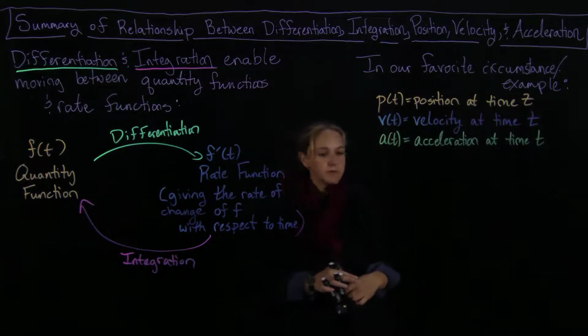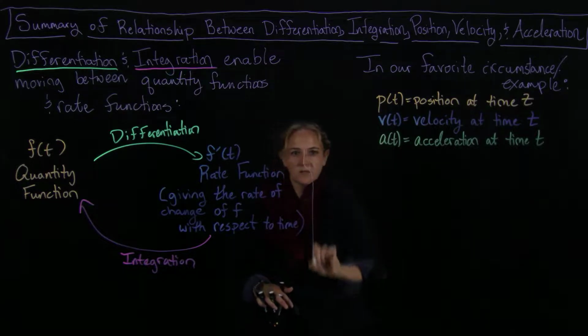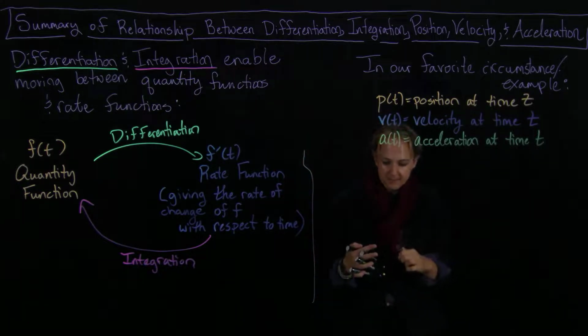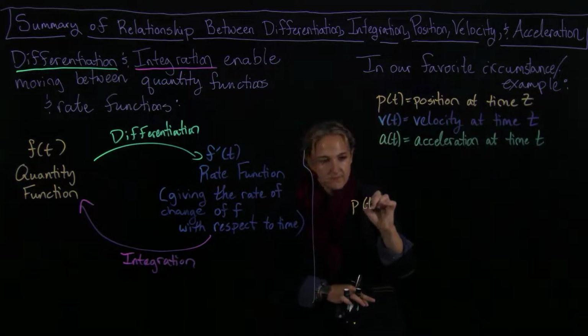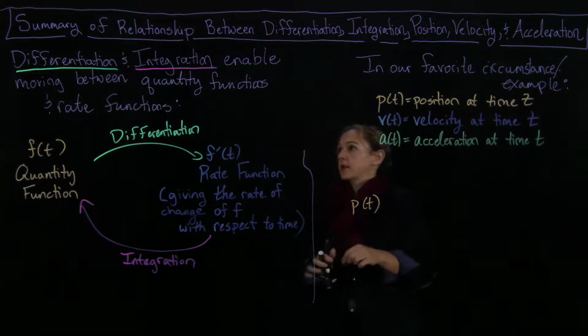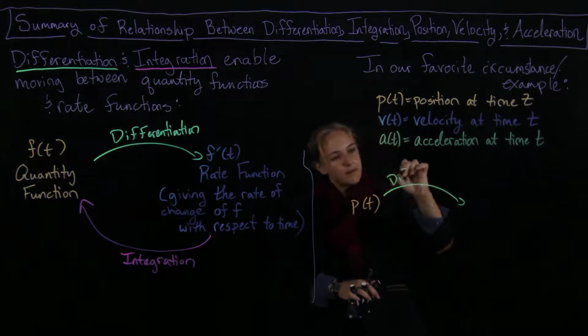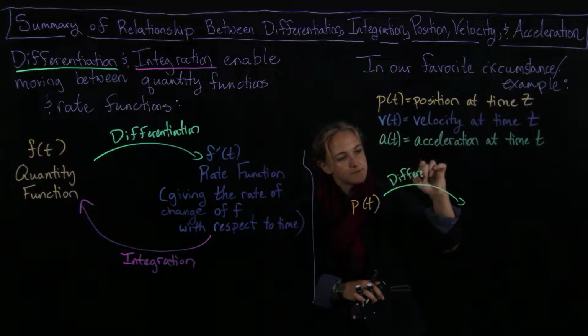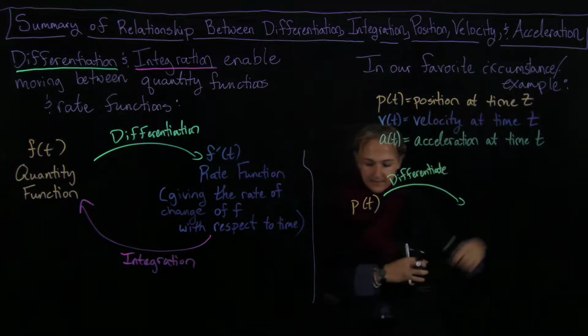So what is the relationship here? Let's draw a line here to make sure that you can see that these things aren't melting together. We start with the position. If I differentiate the position, then I land at velocity.